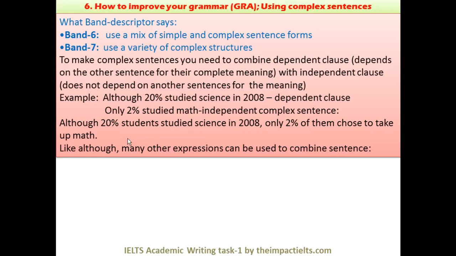So you can see here, this although is the combining word, which is known as a connector here. It's a kind of cohesive device as well, which has combined two sentences or two clauses together. One is dependent and another is independent. So there are many words like although that you need to know, and you also need to know how to use them.